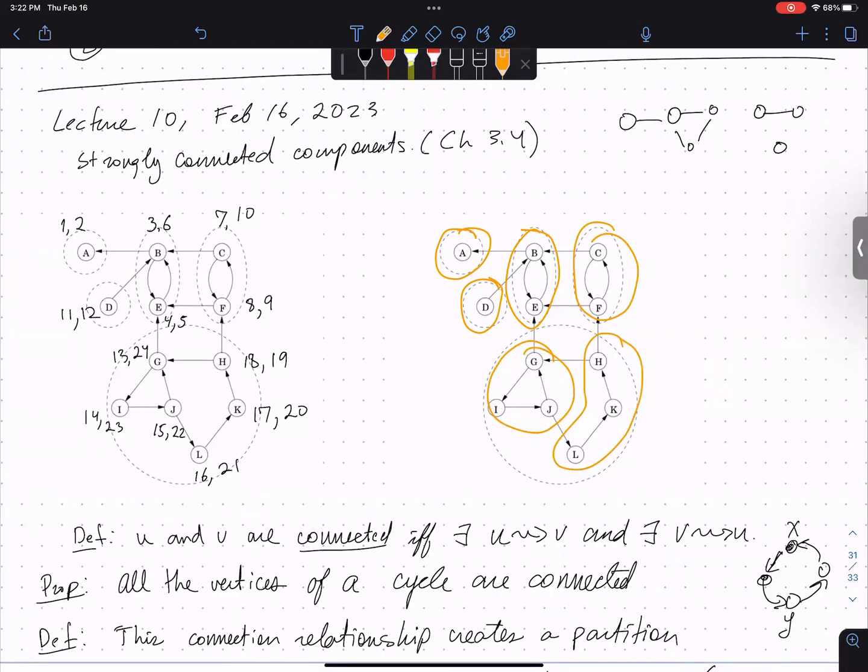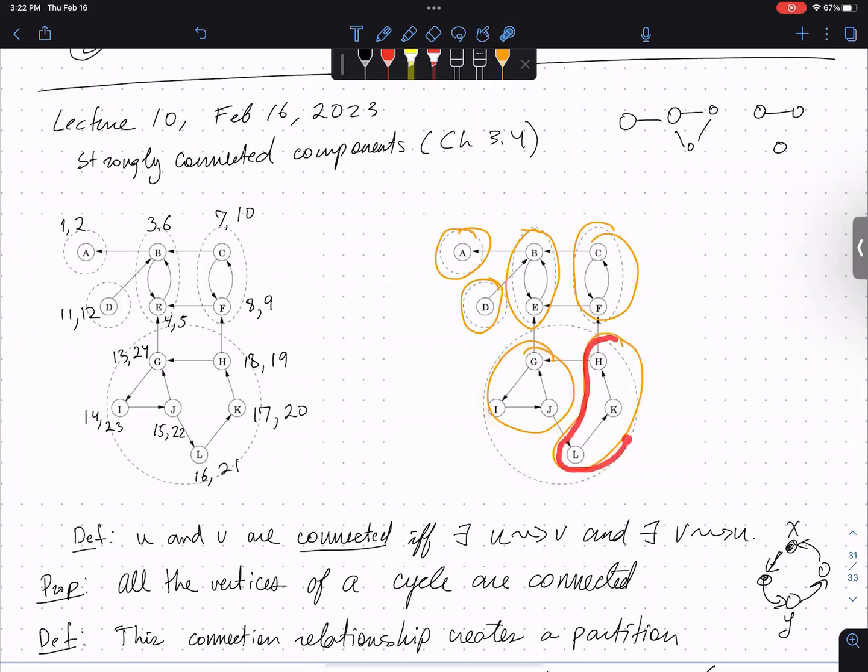What would be wrong with that? That's right. I can make a bigger strongly connected component by merging this and this.